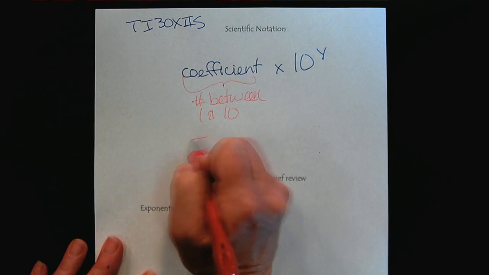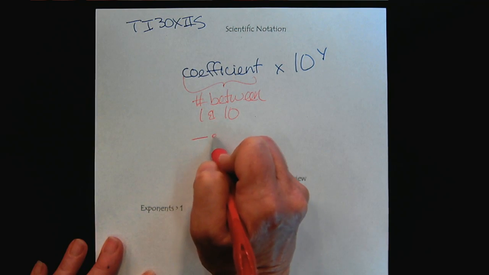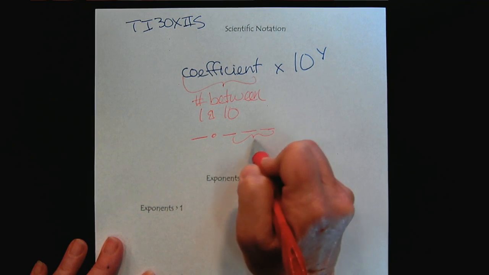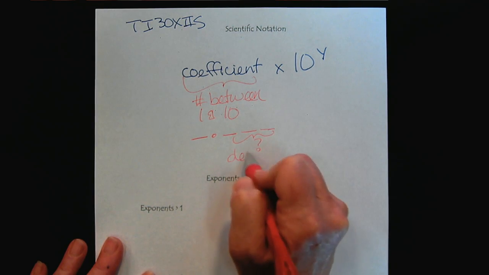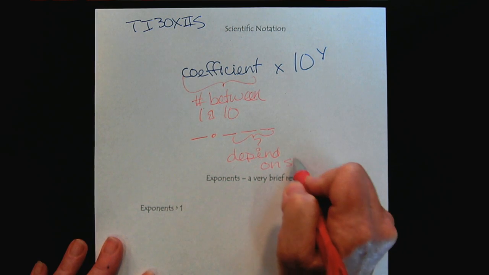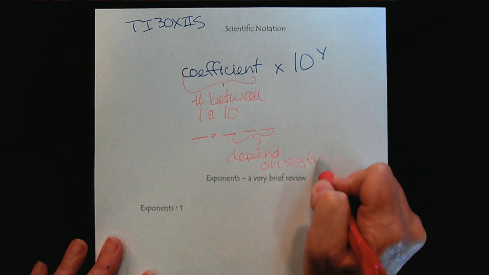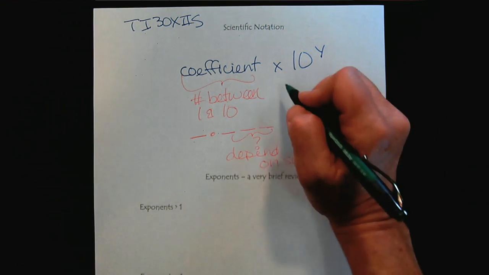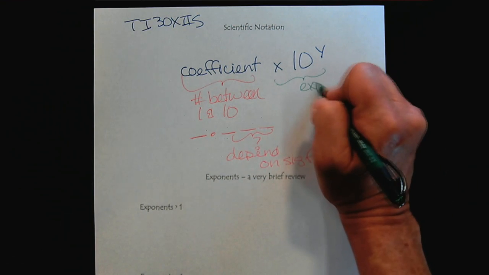So there will always be one digit to the left of the decimal, and then the number of digits to the right will depend on the sig figs. If you are unsure on sig figs, there is a separate video tutorial that will review sig figs for you to help you. And then of course we have the exponential term.